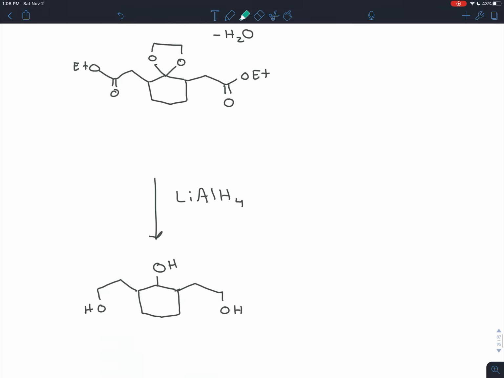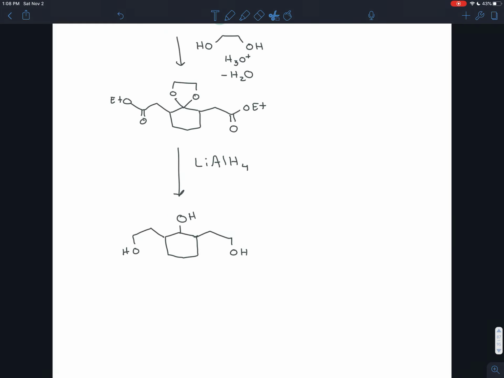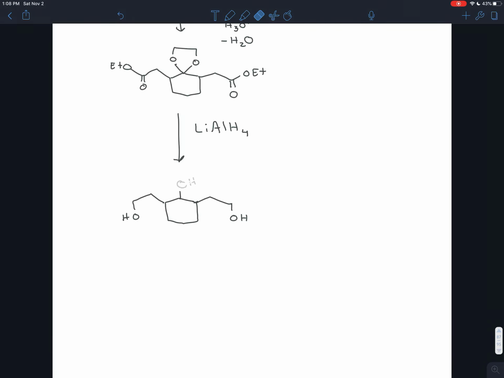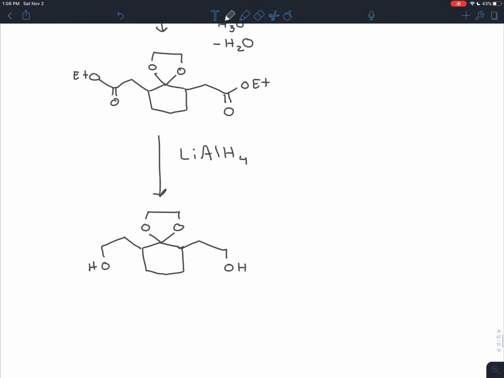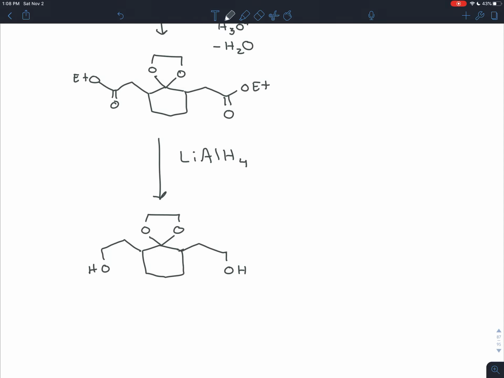That carbon will not react with the reducing agent. And when you treat it with lithium aluminum hydride, you end up still having that acetal in the middle there. So you reduce the esters, but what was the ketone isn't affected.